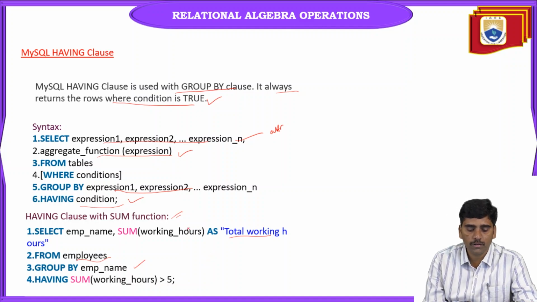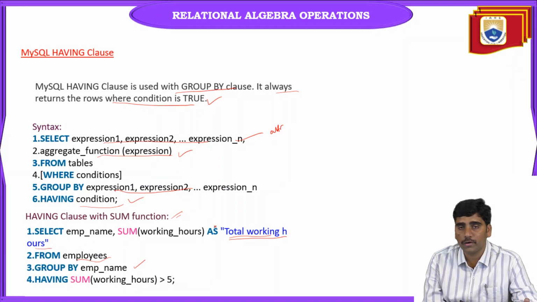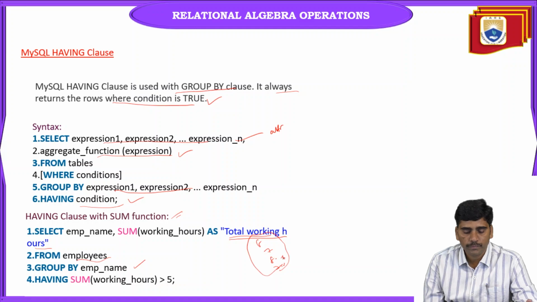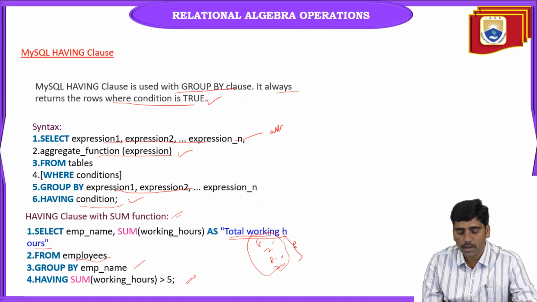That indicates what? First of all, it displays the total working hours of an employee, like 8 hours or 7 hours, or 8 hours 10 minutes or 7 hours 15 minutes. So here the sum of working hours greater than 5 means whichever employees have working hours of more than 5, those employee names will be displayed.